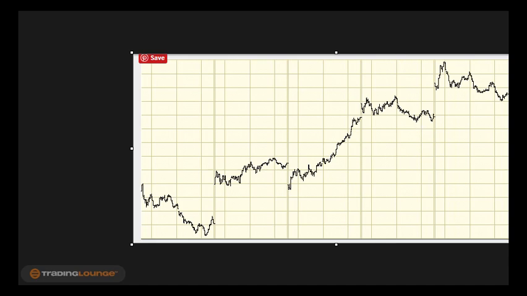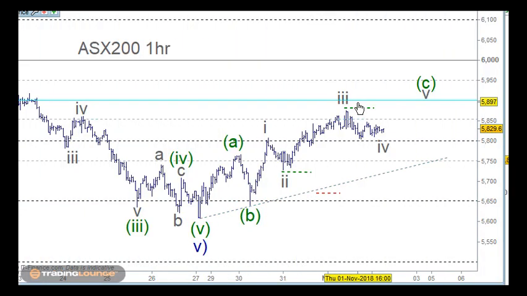So I've got a bit of a conflict in this particular move to the upside. But if I took this one on its own merit here, then we would be looking for pretty much a move up. Now, the move up here can play out as a little move to here, and then down here in 5 waves, and then up, or it can go straight up here. So you'll just need to be a little bit mindful of that.